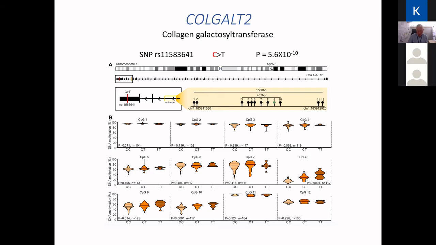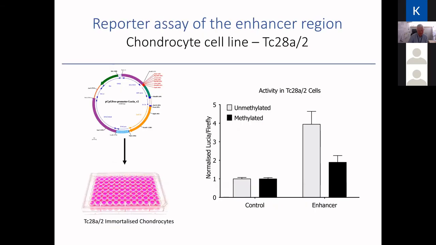So Yulia and Sarah then went and investigated this further. One of the first things that we did is we took that enhancer region, we cloned it into a CpG-free vector, transfected a chondrocyte cell line, the TC28a2 cell line, and we asked, does that enhancer act as an enhancer in this chondrocyte cell line?